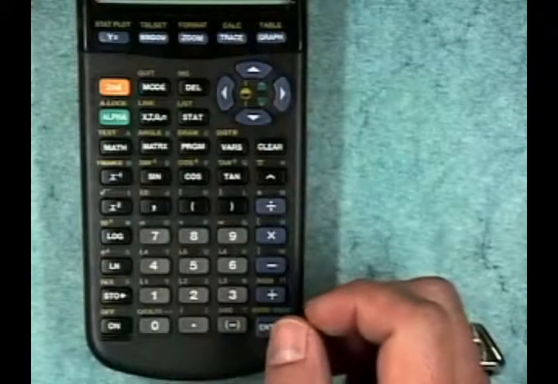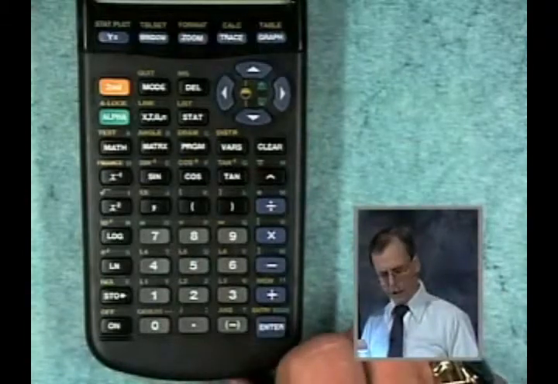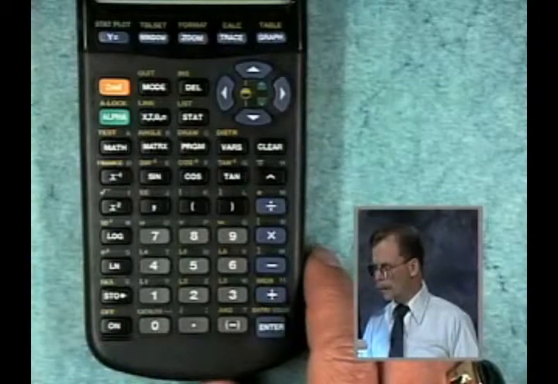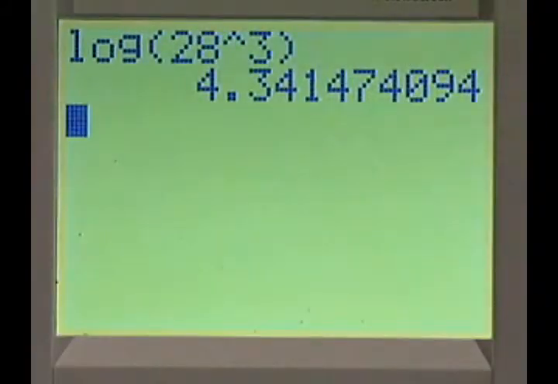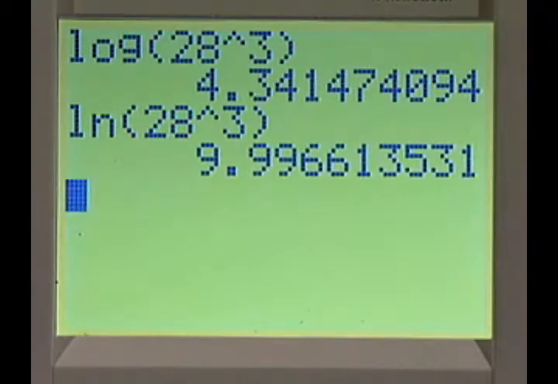That means we're doing a base 10 log of 28 raised to the third power. And we see that the answer is 4.34 with irrational decimal places after that. Let's try the natural log of 28 raised to the third power, and we see that it will be a different value because it's based on a different number, 9.9966, and so on.